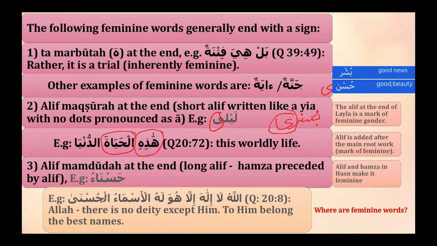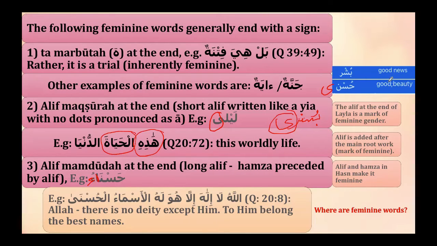Okay, now let's talk about alif mamduda at the end. What is alif mamduda? Alif mamduda means it is a hamza preceded by an alif. So you see there's a hamza at the end. Before the hamza, there's an alif. So this alif and this hamza are extra.